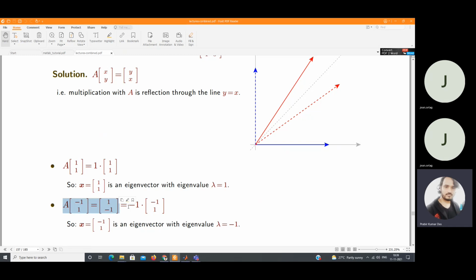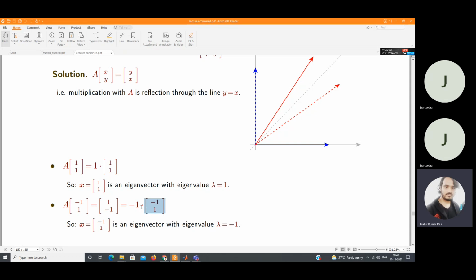See, what does this eigenvalue do? When you multiply A into this vector, suppose -1, 1 is this vector. I'm not going into detail, it is a general picture, you have to draw. If we multiply matrix A with this vector, it just inverts or reflects it. So -1, 1 becomes 1, -1.